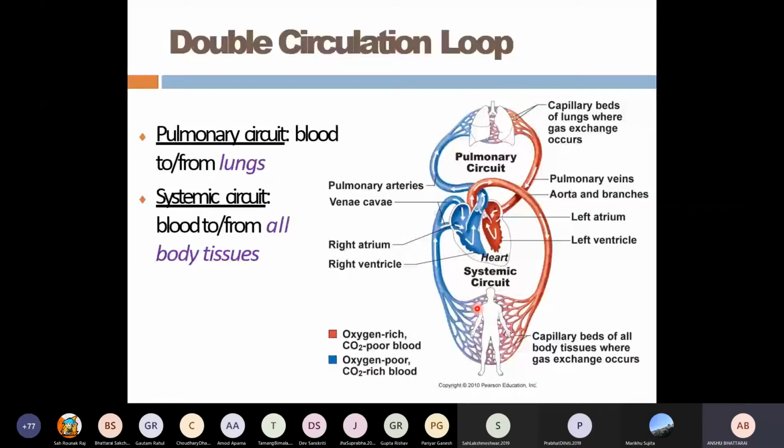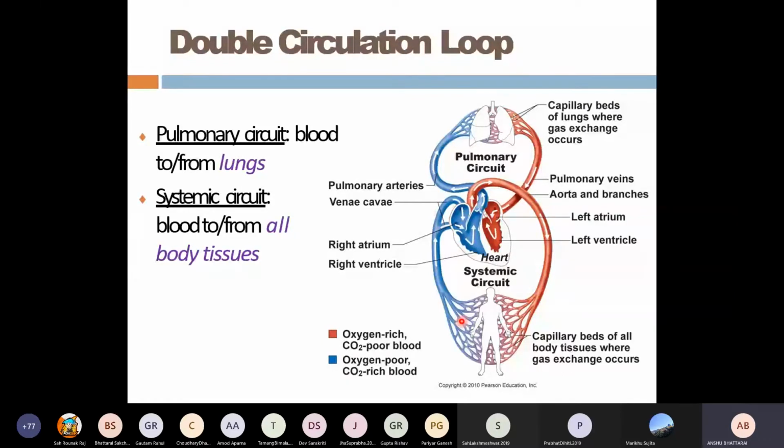So what happens is, from your body's tissues, the carbon dioxide is taken up by the tissue capillaries. So these tissue capillaries now become rich in carbon dioxide. So they are deoxygenated. They become filled with deoxygenated blood.